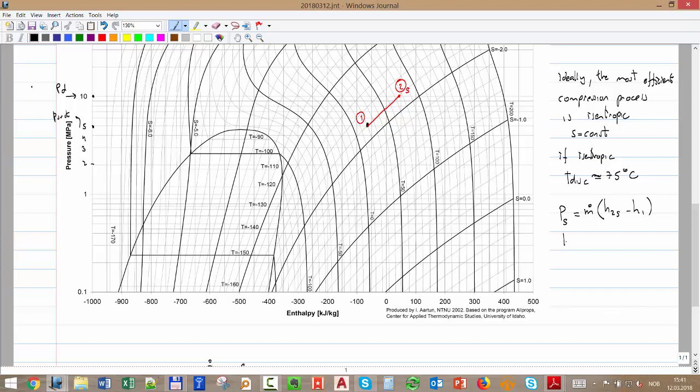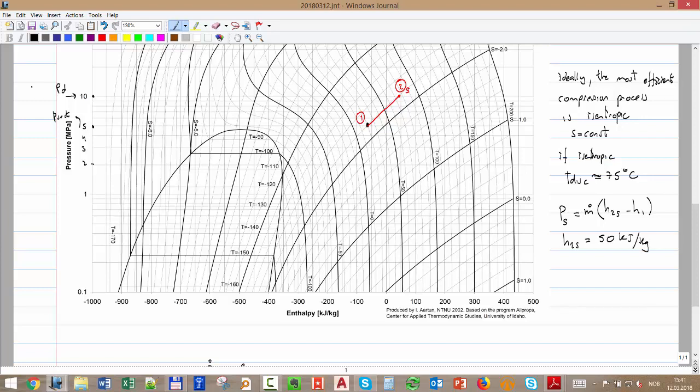So H2S is, so it's like maybe 50, right? If I take this one down, it's around 50, right? Or maybe 40 something. Let's say 50.